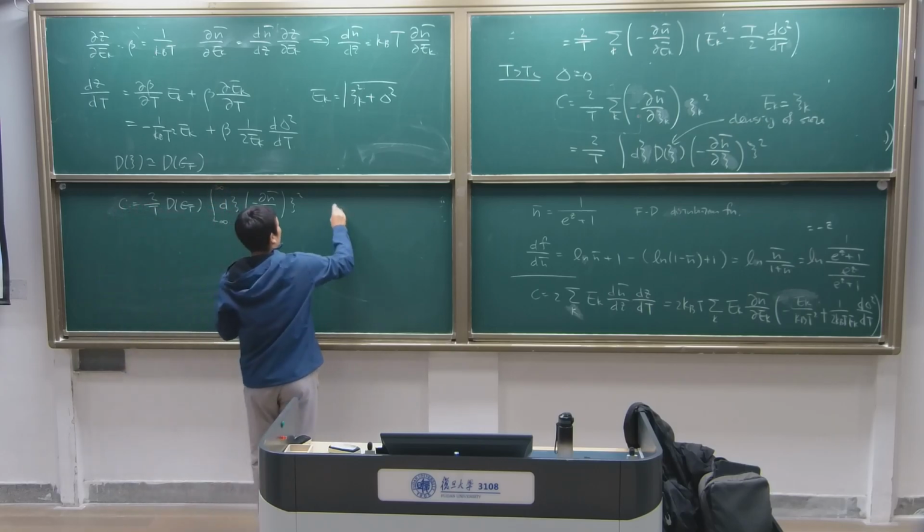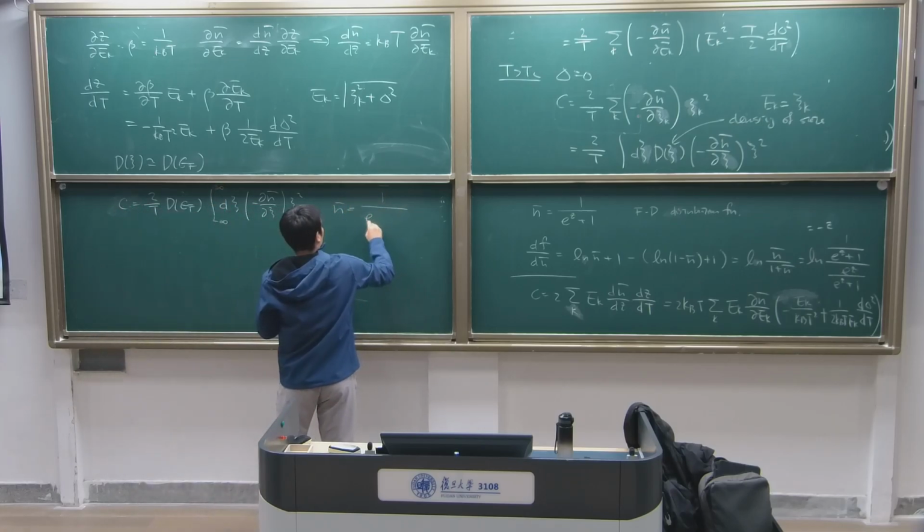And now recall that n bar is equal to 1 over e to the beta C plus 1.